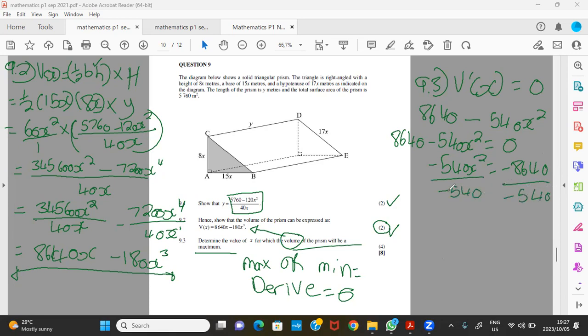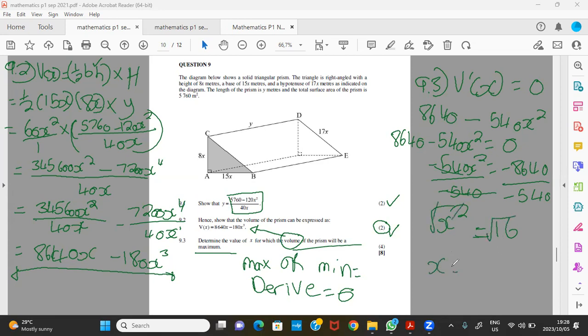Then x squared is going to be, I think, 16. Positive 16. Yes, 16. Then you know that you must square root both sides.